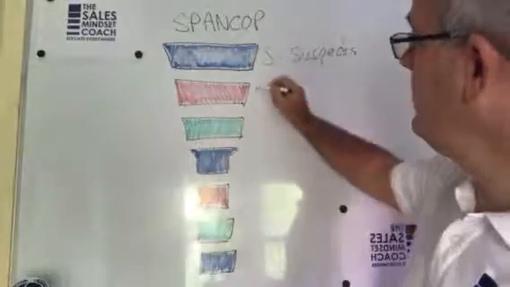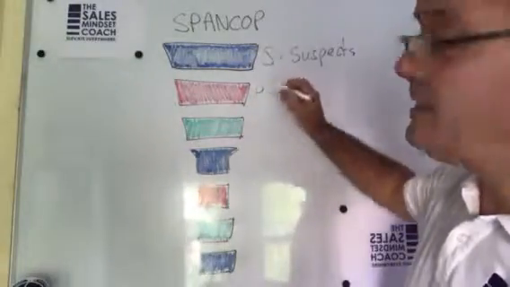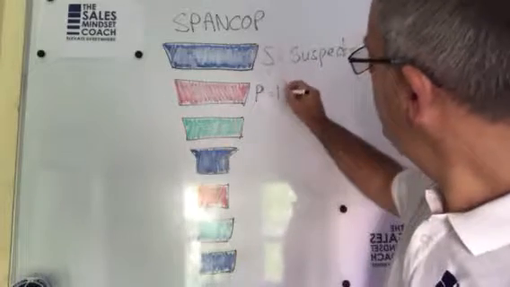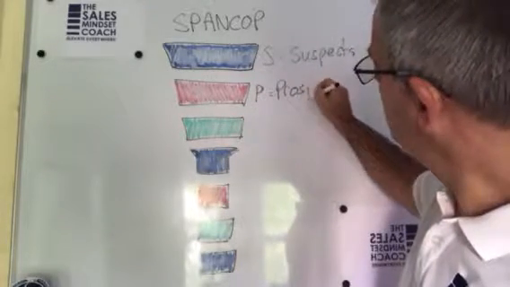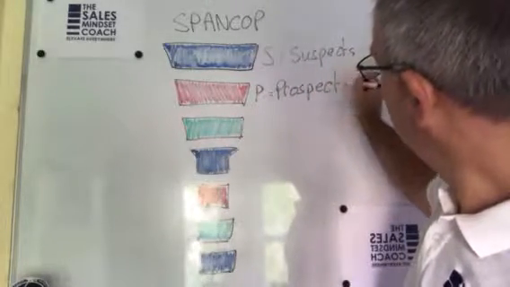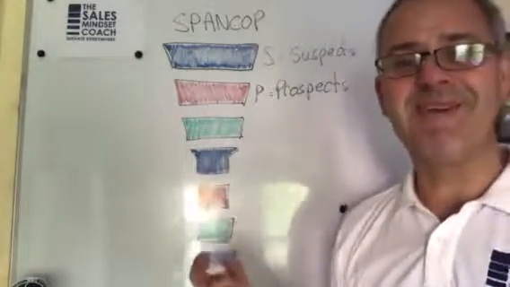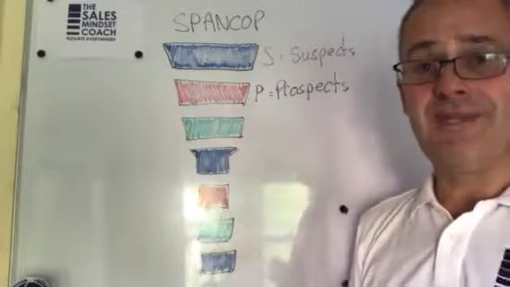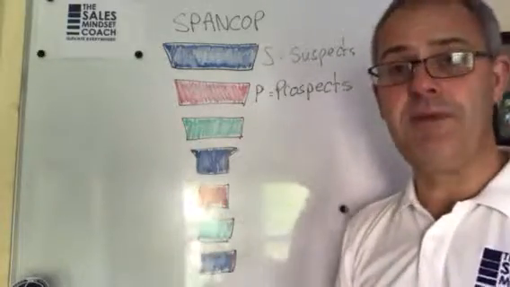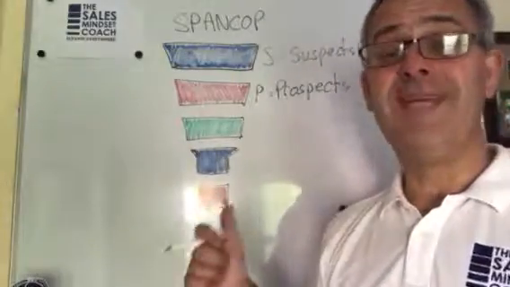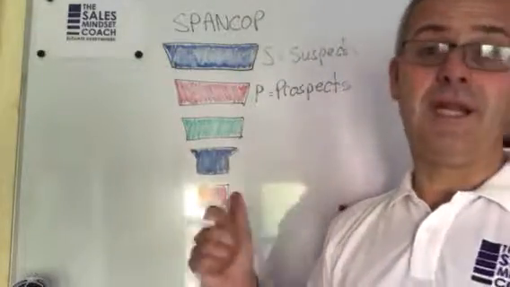The second step in the sales funnel is P, and that equals prospects. Now, this is a big difference between a suspect, right? And you've often heard me talk about the difference between a suspect and a prospect is 3 things. The first thing is they want or need your product, so they've actually declared that.